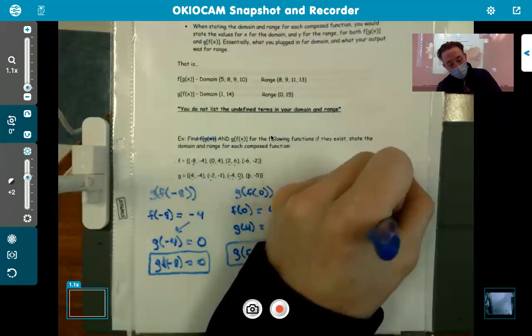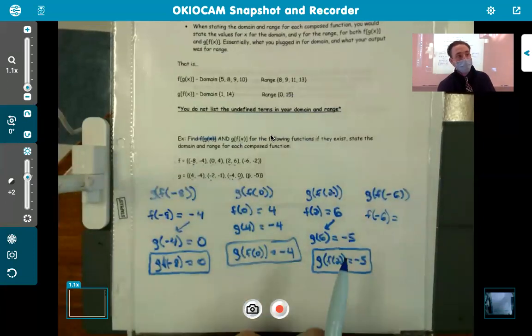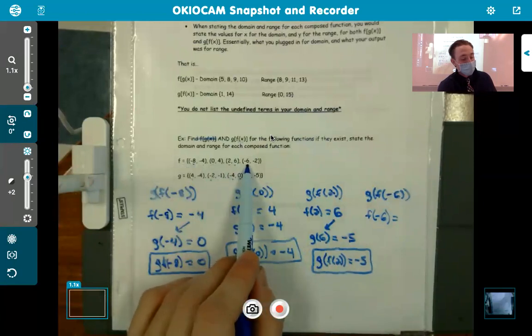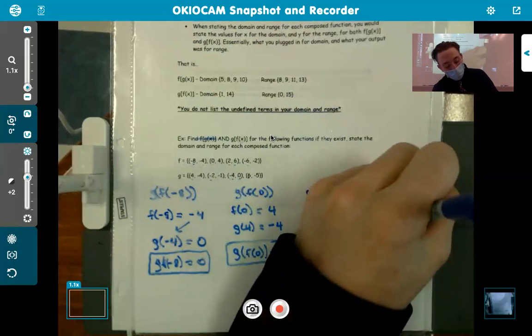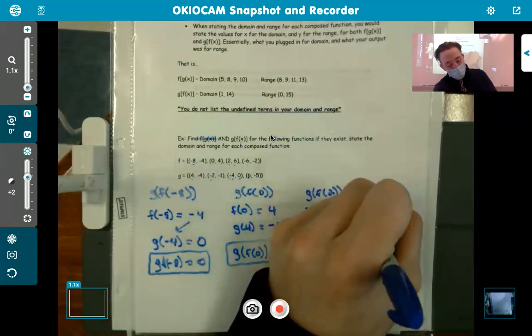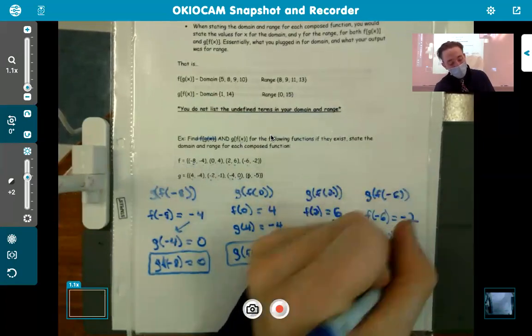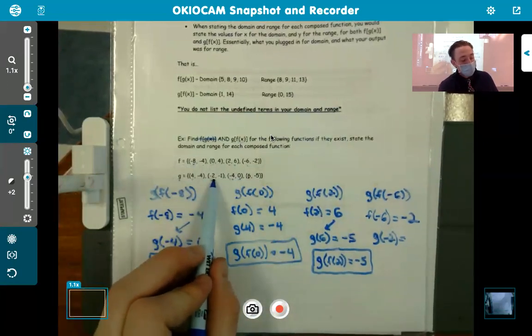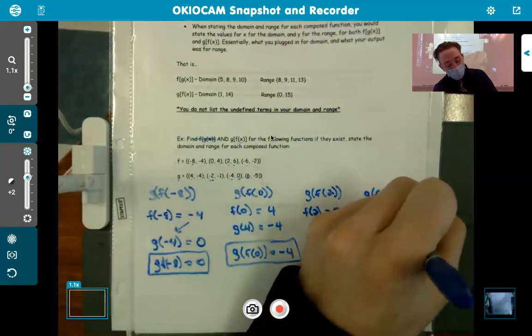Start on the inside again. What's f of -6? So if I look across my f of x, I see -6. What's the y value? -2. Take the -2 and plug that in to the other function. So g of -2 is what value? -1.